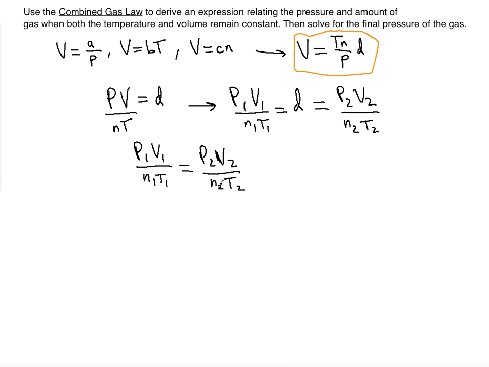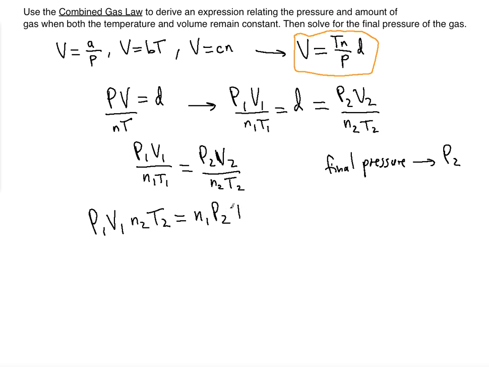So now we're ready to solve for the final pressure of the gas, and the final pressure is going to be P2, because the initial is P1. So we perform cross multiplication. We'll get P1 V1 N2 T2 is equal to N1 T1 P2 V2, and we have to solve for P2.